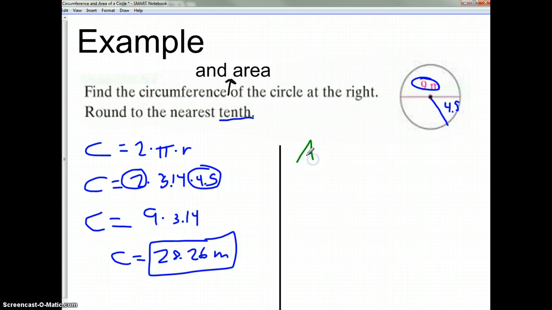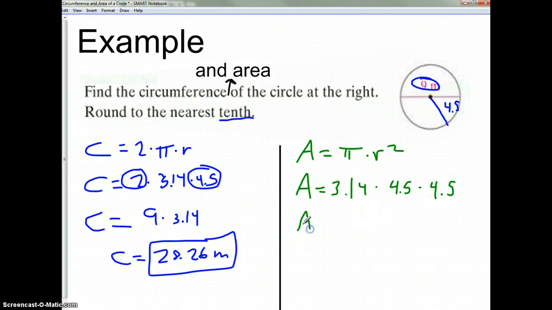Next we'll do area, which is pi times r squared, or just pi r squared. So our area is 3.14 times our radius 4.5 squared, which means we just multiply it by another 4.5.